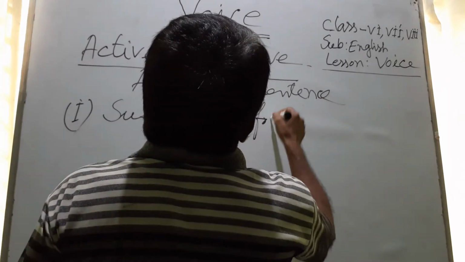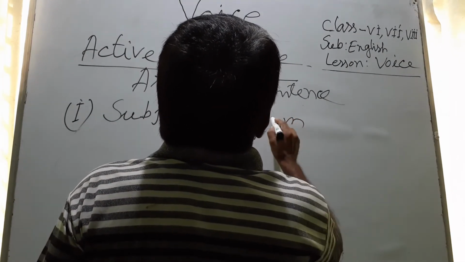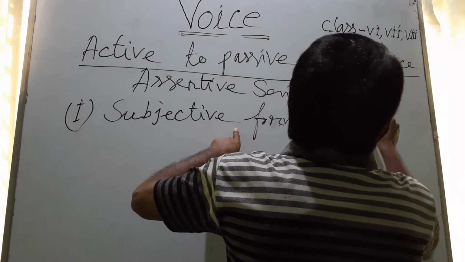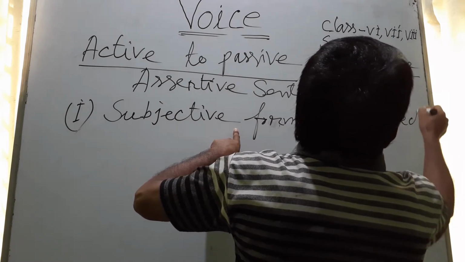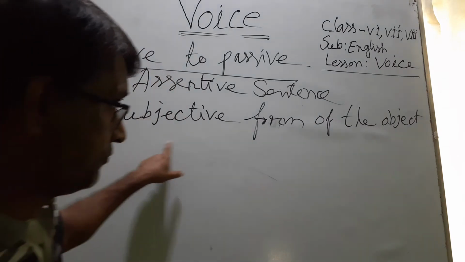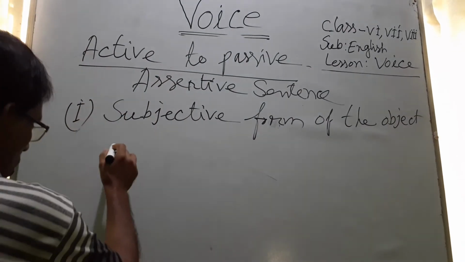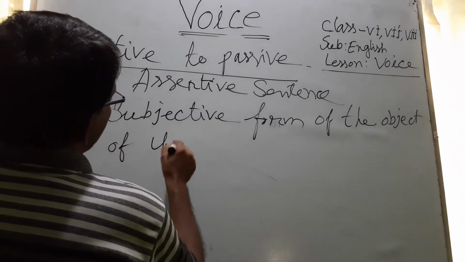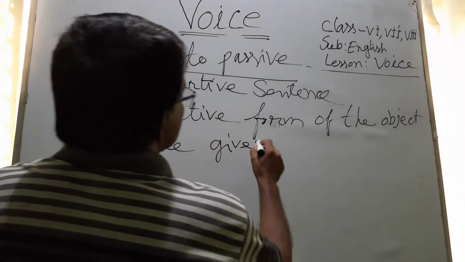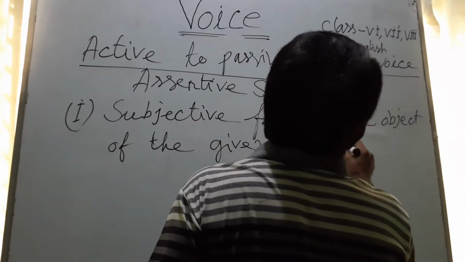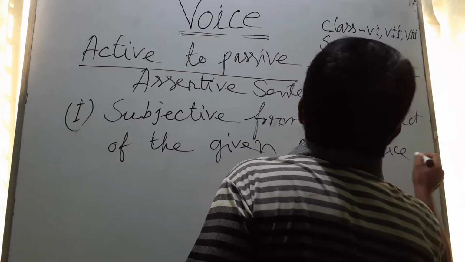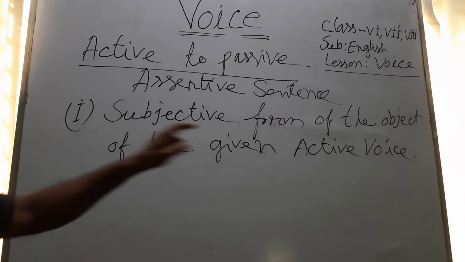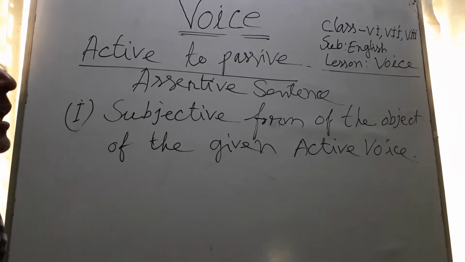Number one, you should write the subjective form of the object of the given active voice.